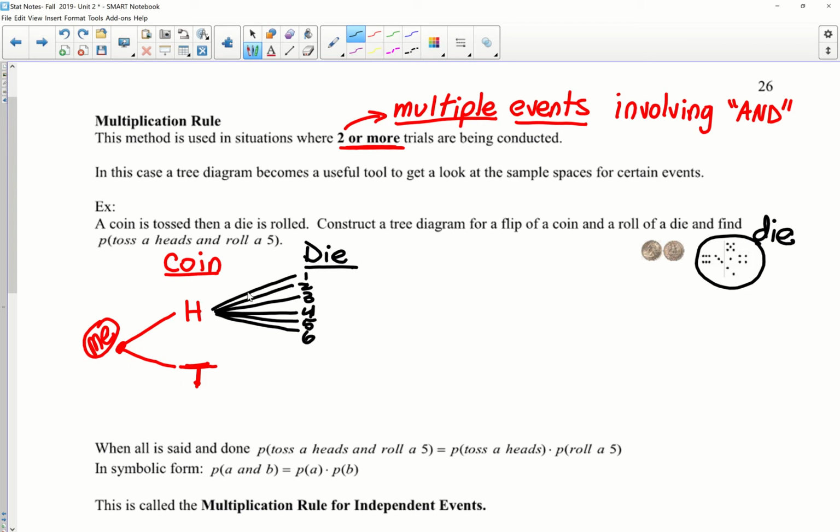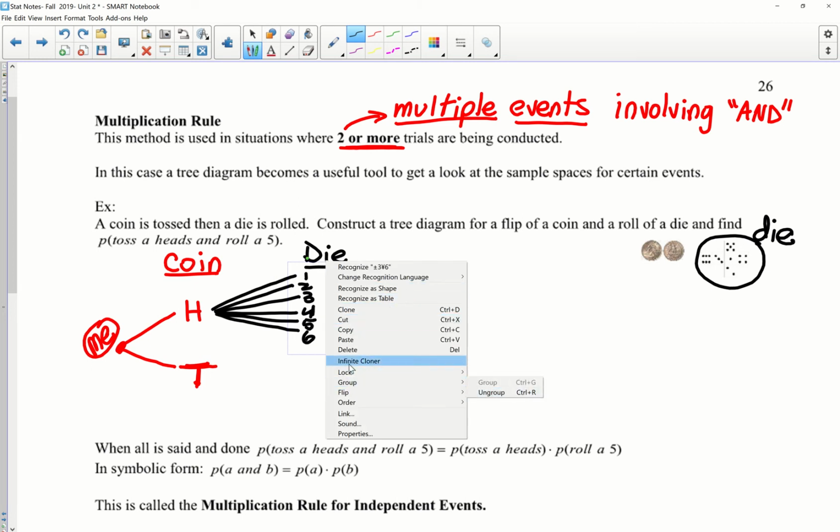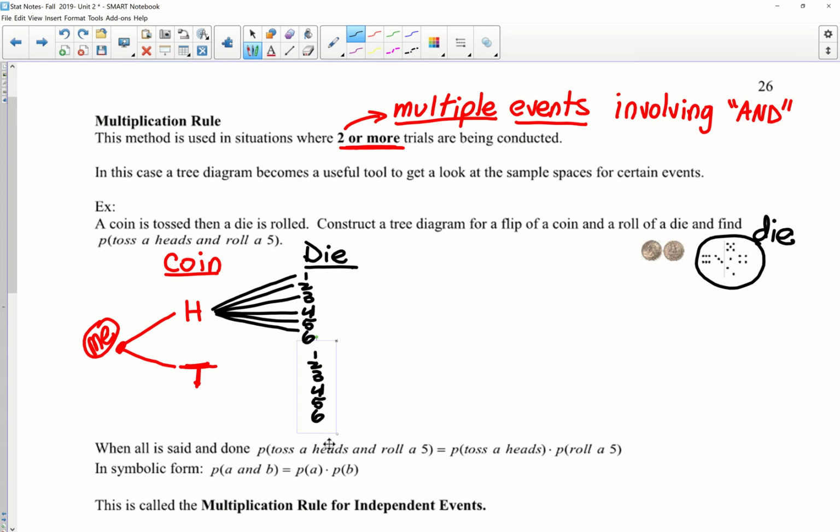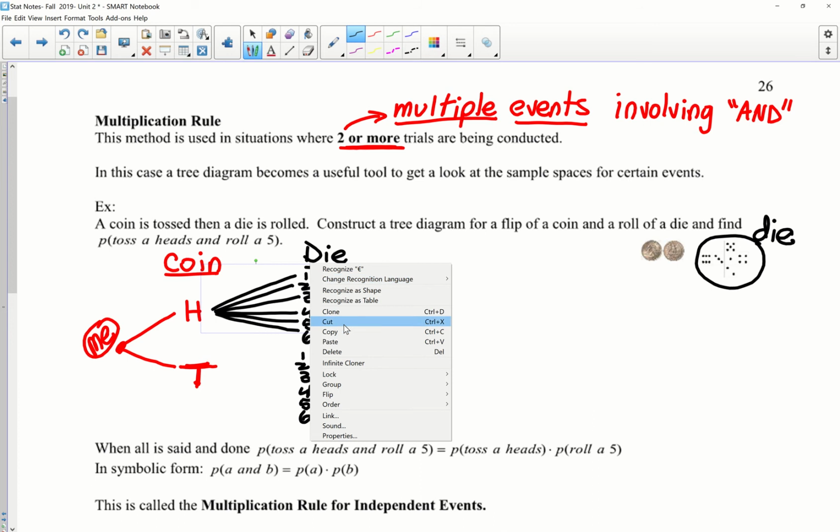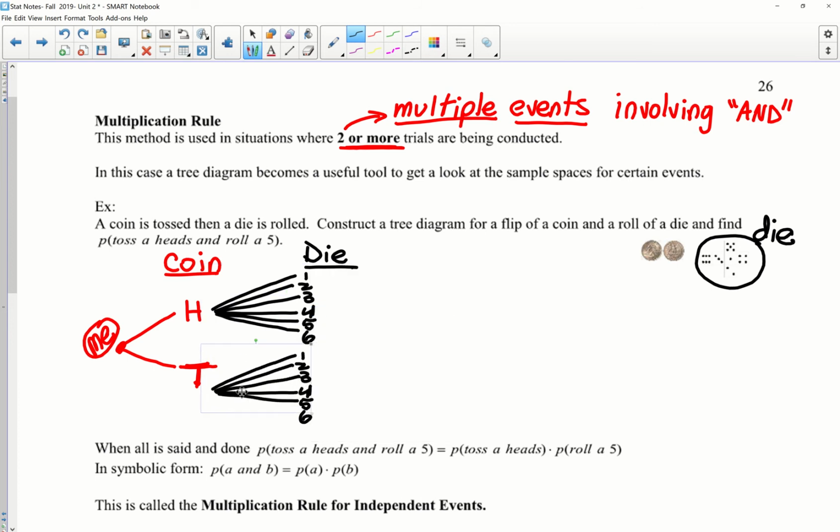See if I could do a copy paste job here. Oh, it's group. Okay, clone it. Well, I'm just going to get rid of this because it's not going to fit.